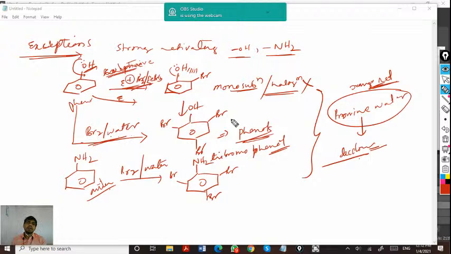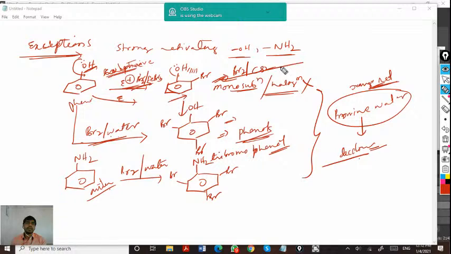Okay, so how to make the monobromo or mono substitution onto the phenol? You need to treat with bromine in the presence of non-polar solvents, carbon disulfide. Okay, carbon disulfide.